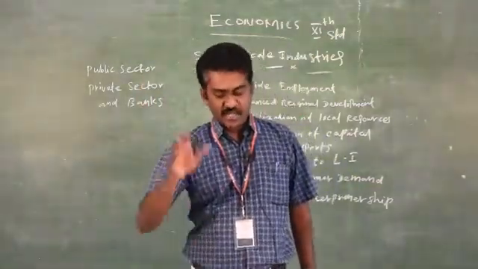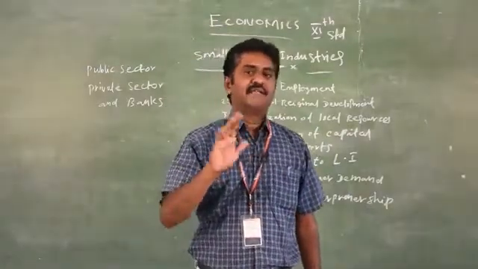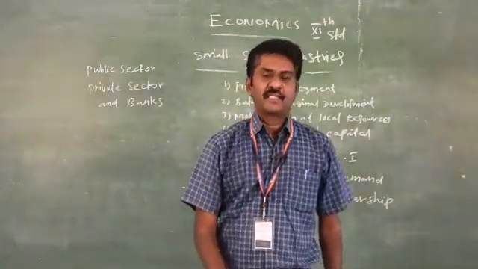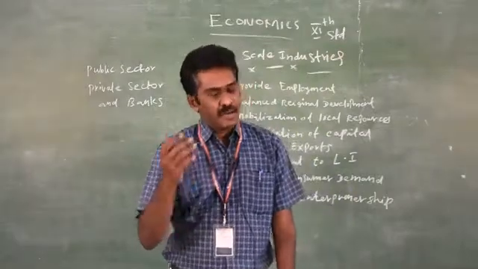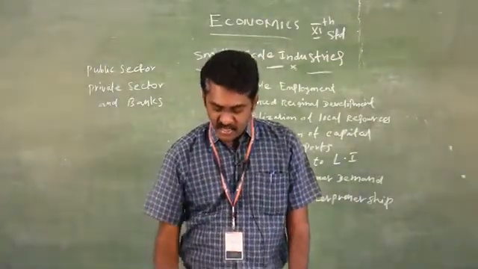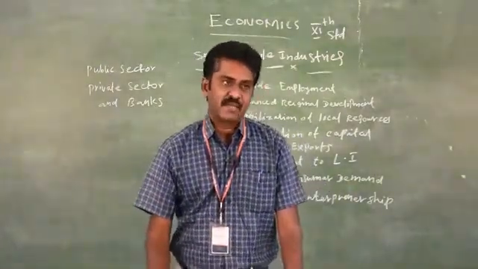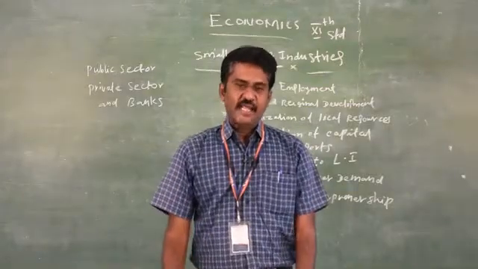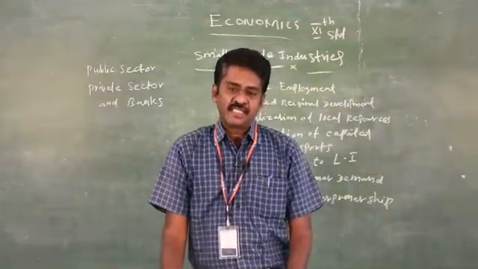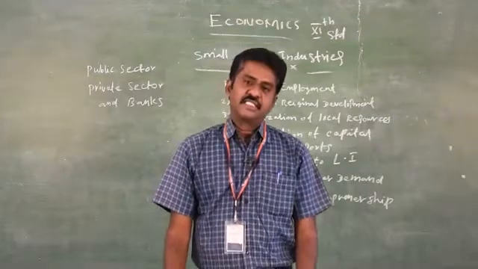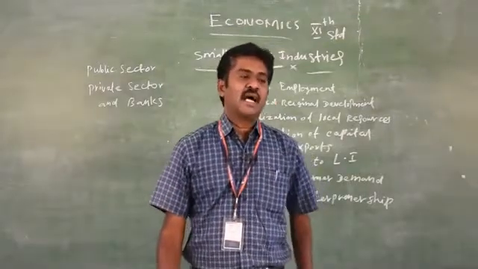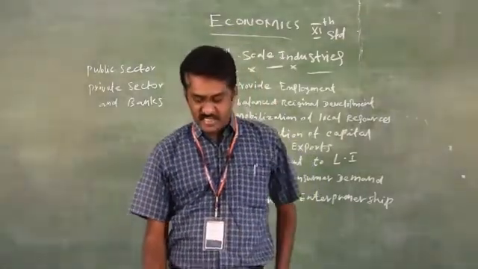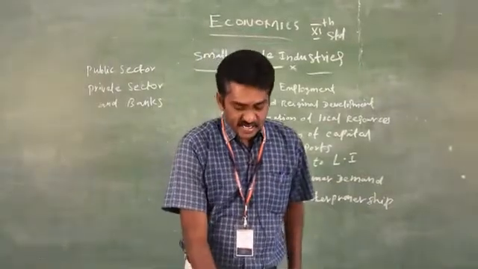So it is about the bank differences, how many private banks or public banks there are in the country, and how many were nationalized: 14 banks in July 1969, and the remaining 6 banks in April 1980.